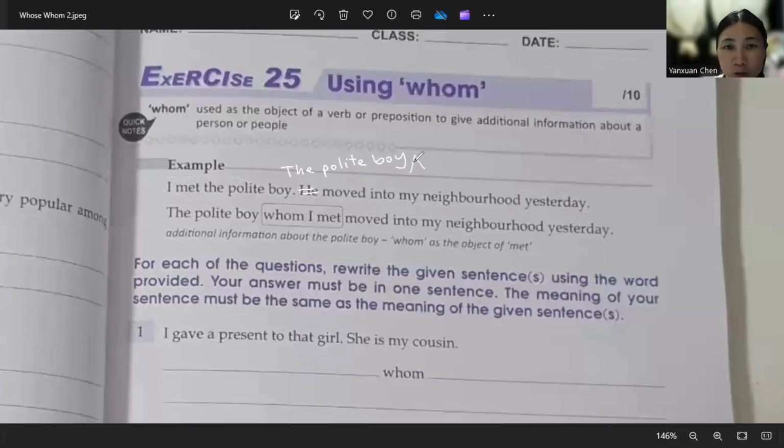So here you insert the first sentence. Okay, so you see, the polite boy moved into my neighborhood yesterday.